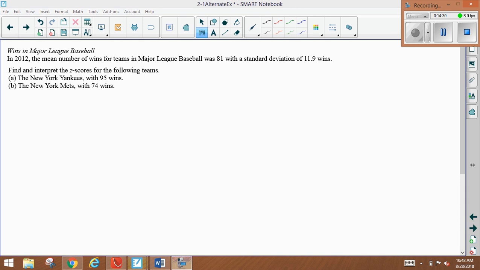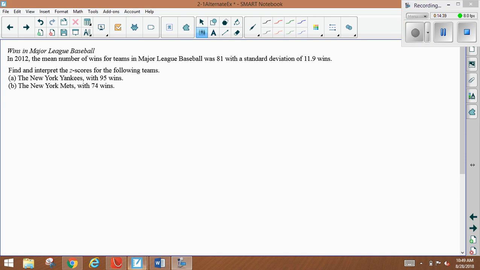All right, so now let's talk about z-scores. Remember, a z-score we called a standardized value, and we had a fantastic formula that said that our z-score, or our standardized value, tells us a position above or below the mean.